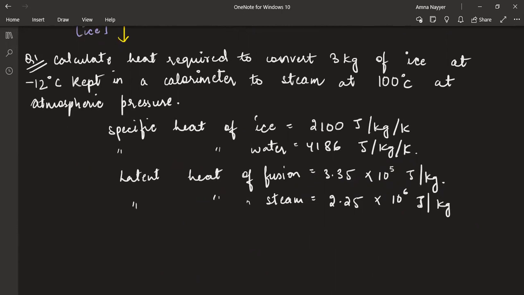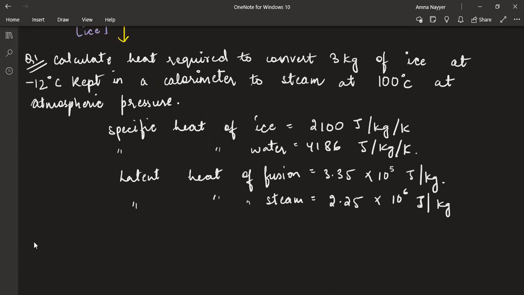Specific heat of ice, specific heat of water, latent heat of fusion, latent heat of steam, all these are provided. In the example I had taken minus 10 degrees Celsius, here it is minus 12 degrees Celsius. Same thing.